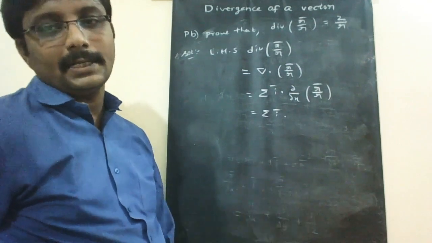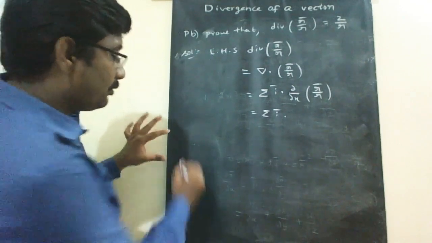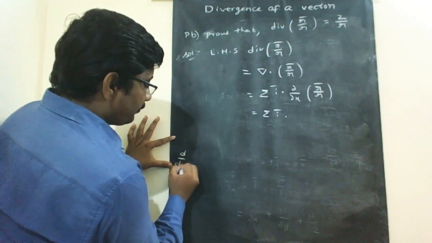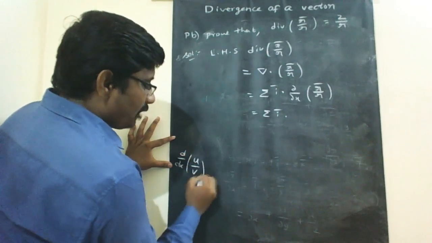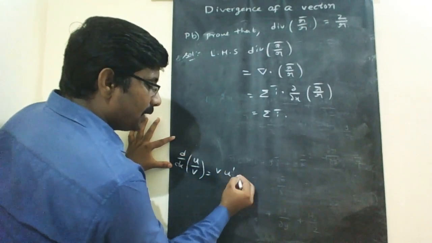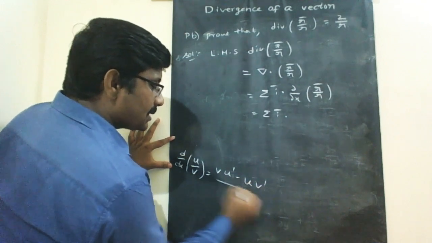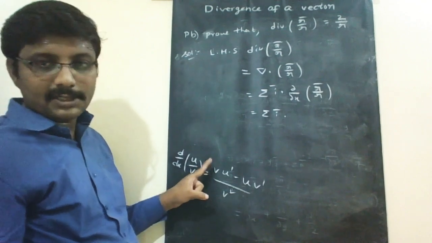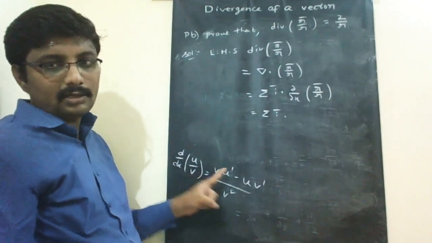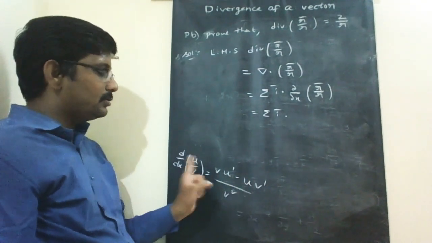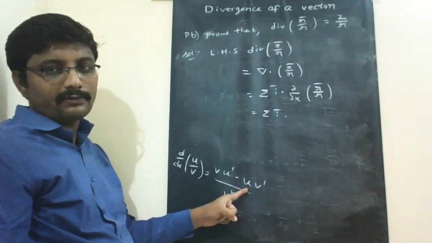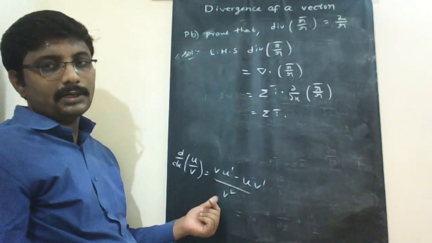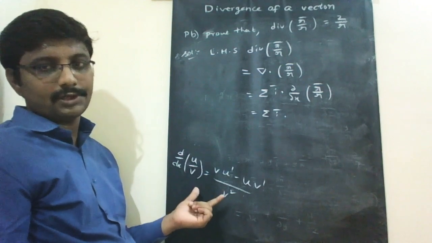It looks like d by dx of u by v. What is the formula for d by dx of u by v? The formula is (v u dash minus u v dash) by v square. Keep the denominator function silent and differentiate the numerator, minus keep the numerator silent and differentiate the denominator function, whole upon denominator function square. So it is the division rule.